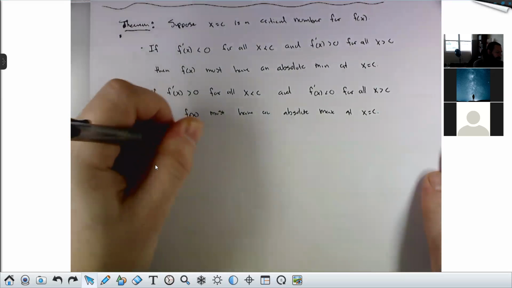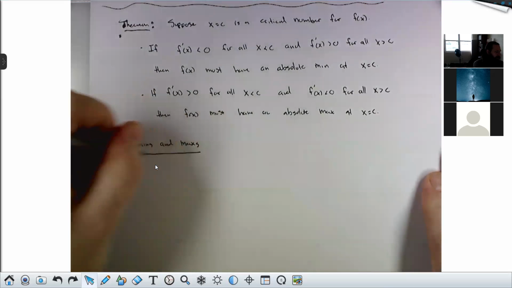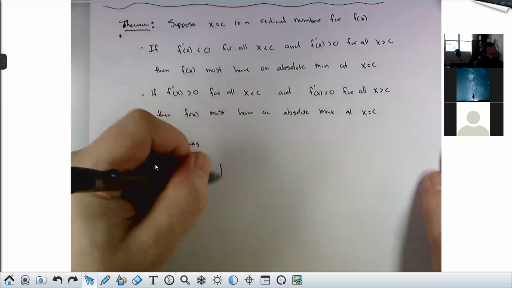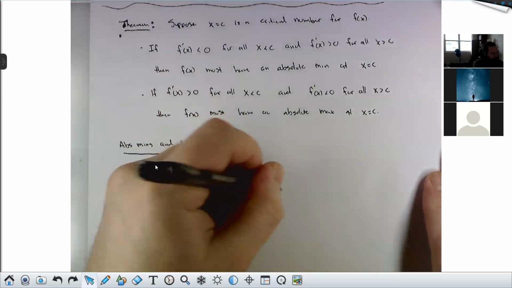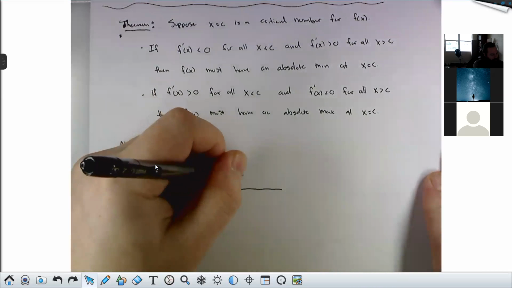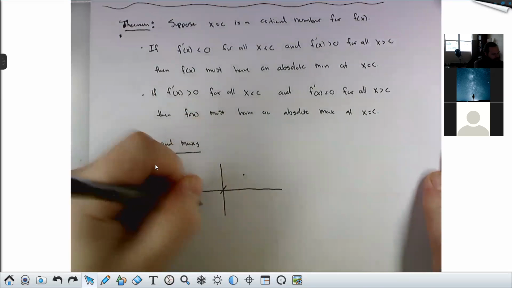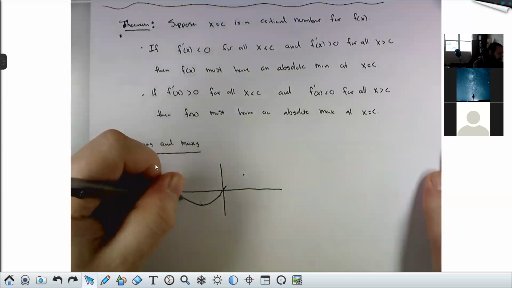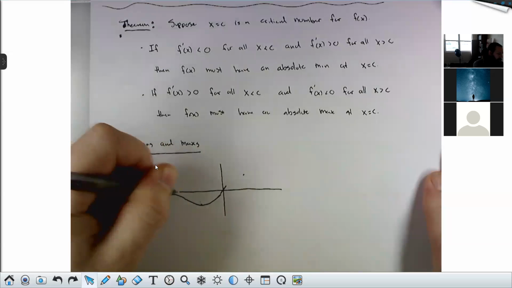Absolute mins and maxes can be a little bit tricky. If your domain isn't restricted at all, it's still possible to have both of these.